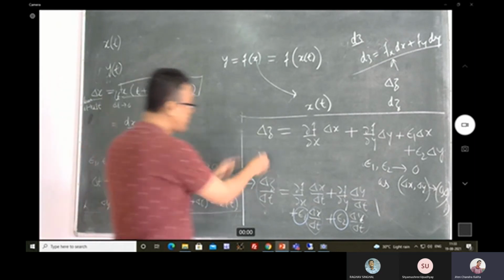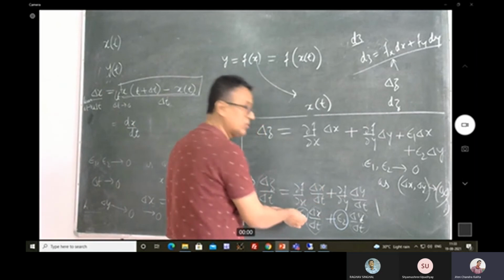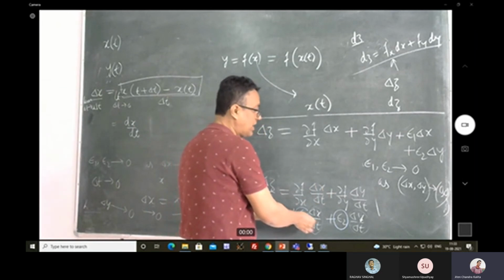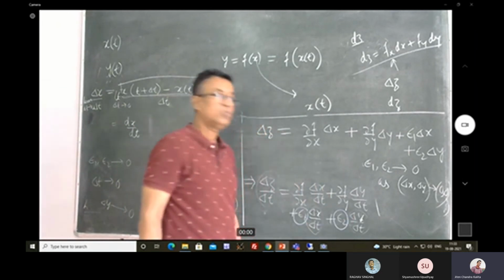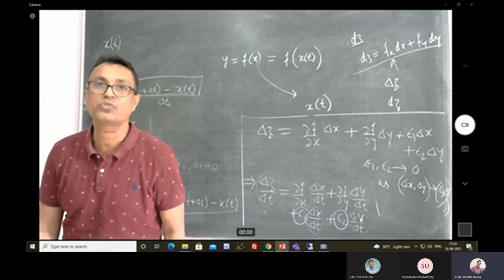So that is why if I take the limit as delta t tends to 0, obviously epsilon 1 and epsilon 2 also tend to 0, because simultaneously delta x and delta y both are going to tend to 0.